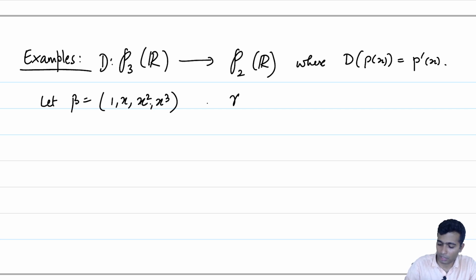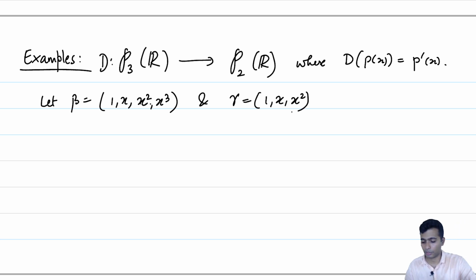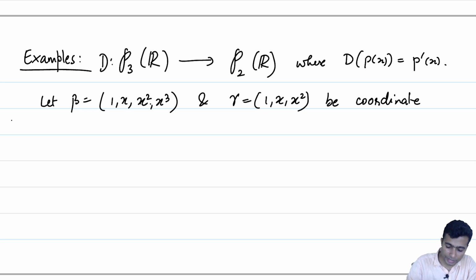Let gamma, so this is 1, x, x square. They look like similar polynomials, but they are polynomials in different vector spaces. Be coordinate bases in P3 of R and P2 of R respectively.